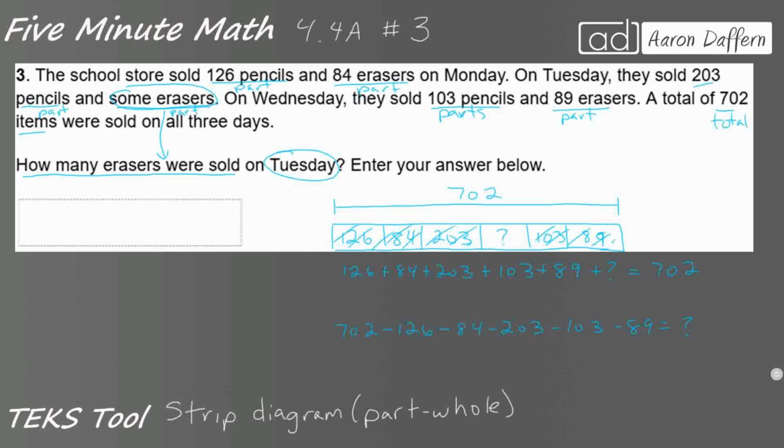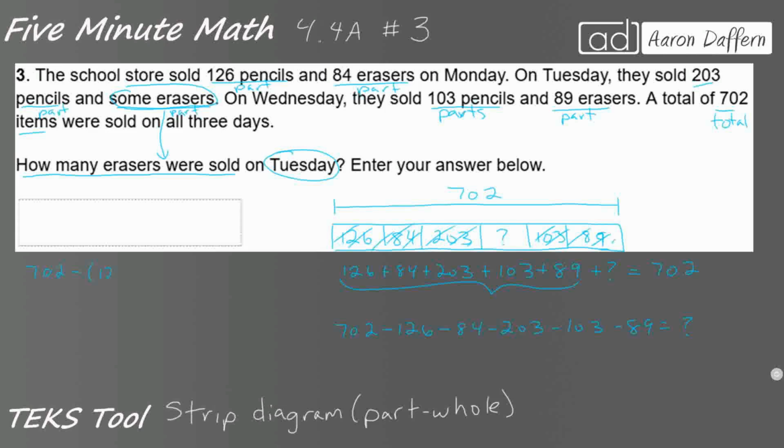Wait, this first one could be a lot better if I made one minor change. What if I took all of these amounts and figured out what that subtotal was, and then subtracted that from 702? So I could say 702 minus, and then all of this.